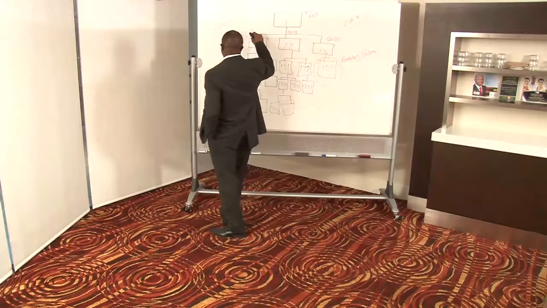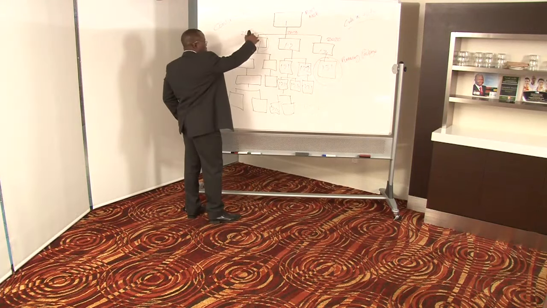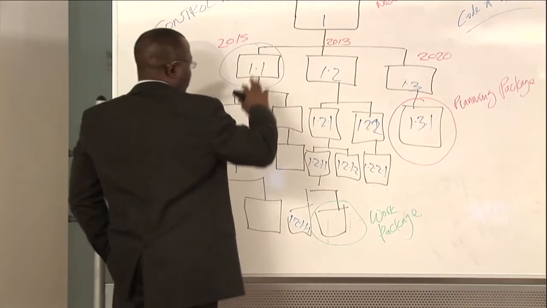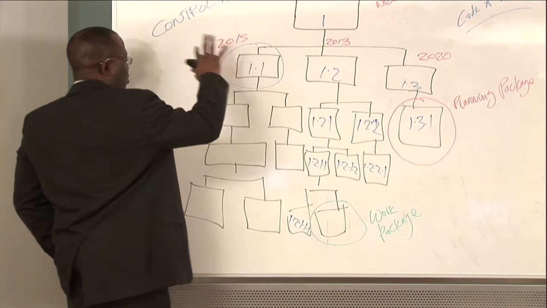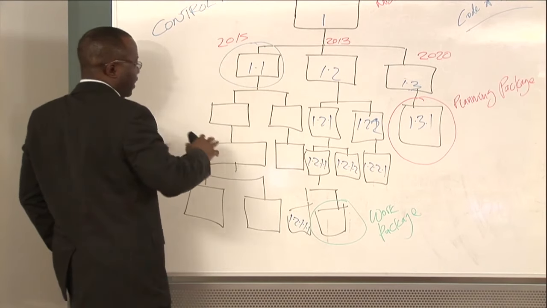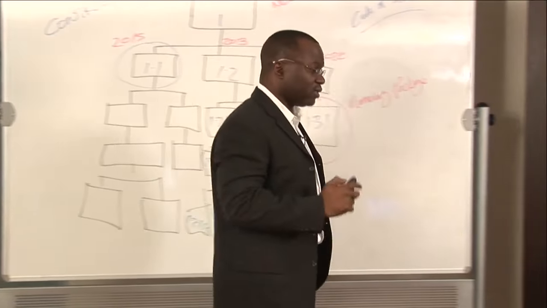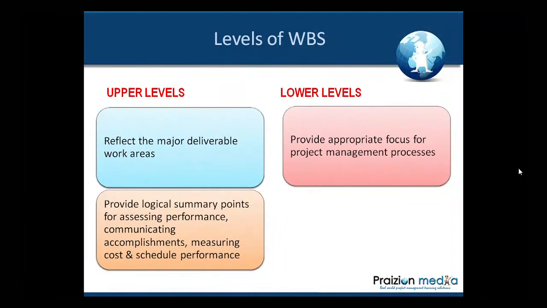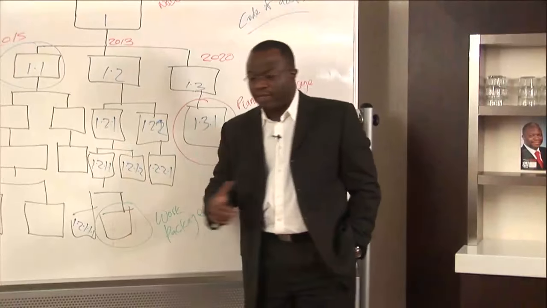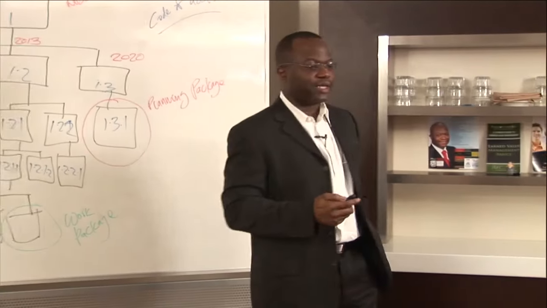So here, for example, is a great point for you to assess the health of the project and to communicate about the overall deliverable or phase. As we go into the lower levels, we talk about providing appropriate focus for project management processes. By the time you begin to go into your work packages, we're talking about lots of detail that enables people to carry out their project management duties.